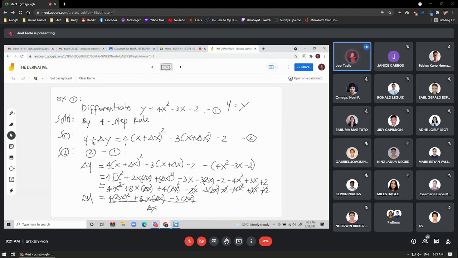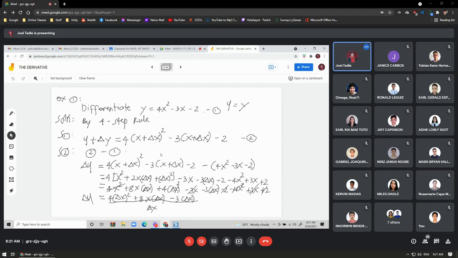So y is substituted with y plus delta y, and x is substituted with x plus delta x. So we have 4 times x plus delta x squared minus 3 times x plus delta x, then minus 2.